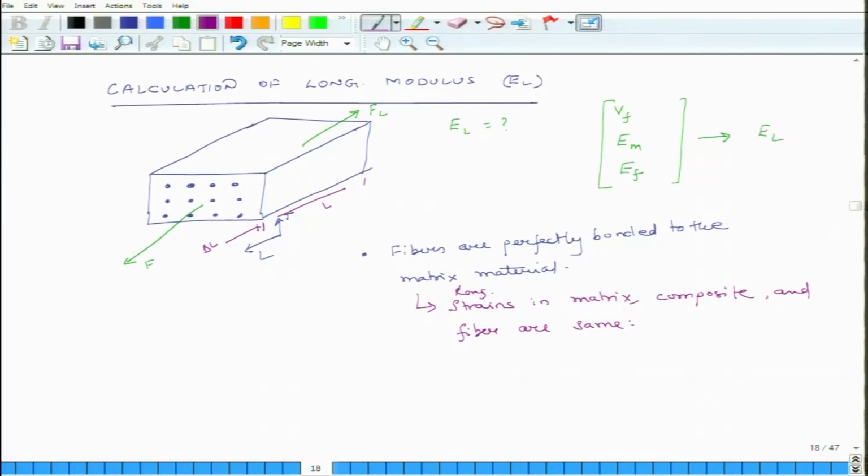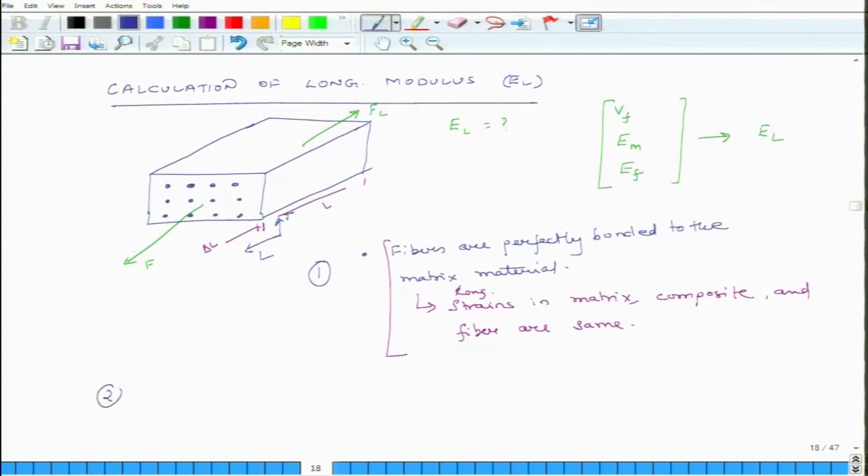This is very important to understand. The second thing I would like to say, so this is based on how I make the composite. So, if I make it nicely and everything is well bonded, then this is what it means. So, this is the first observation.